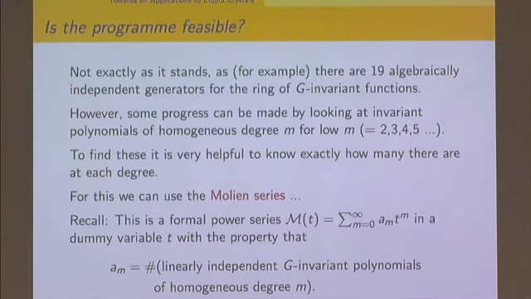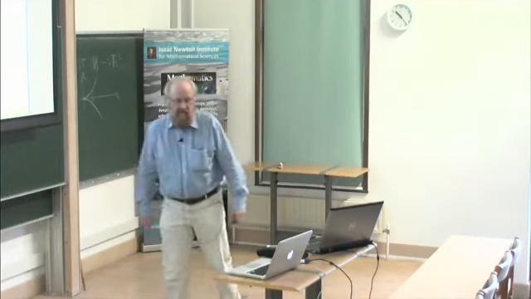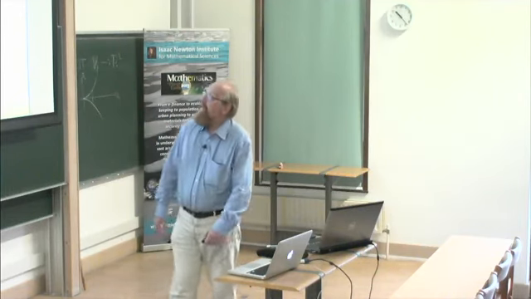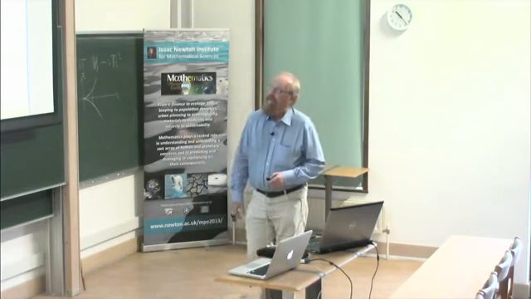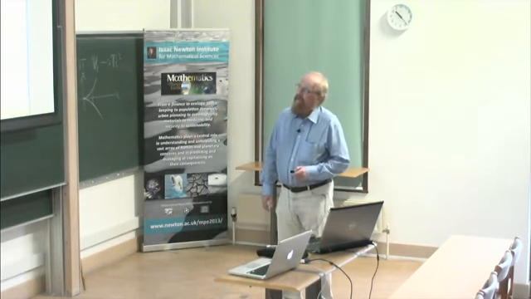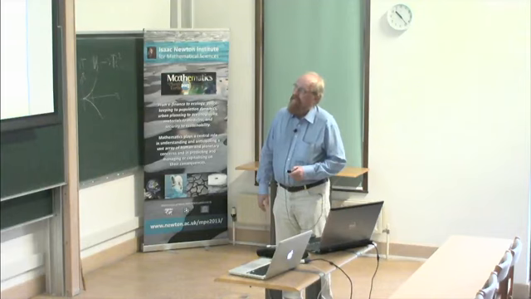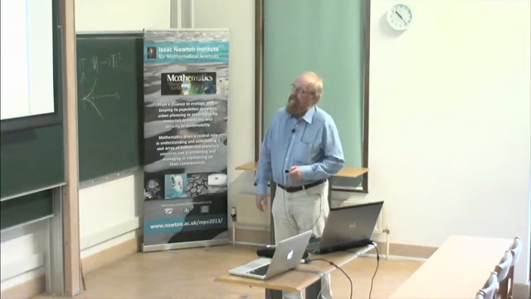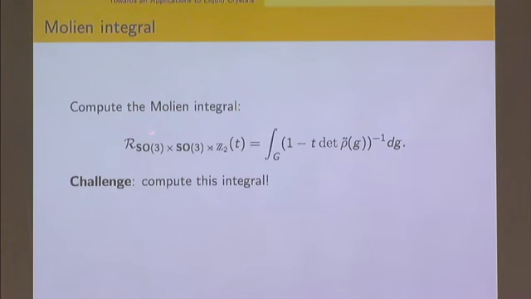We remember this is a formal power series in a dummy variable, counting the linearly independent G-invariant homogeneous polynomials. So we have to compute the Molien integral, which I denote by R for SO3 times Z2, and here there should be this 25-dimensional space. I did not write it down, and this is the integral we have to work out. Now this group is 6-dimensional, and the space on which it acts is 25-dimensional.